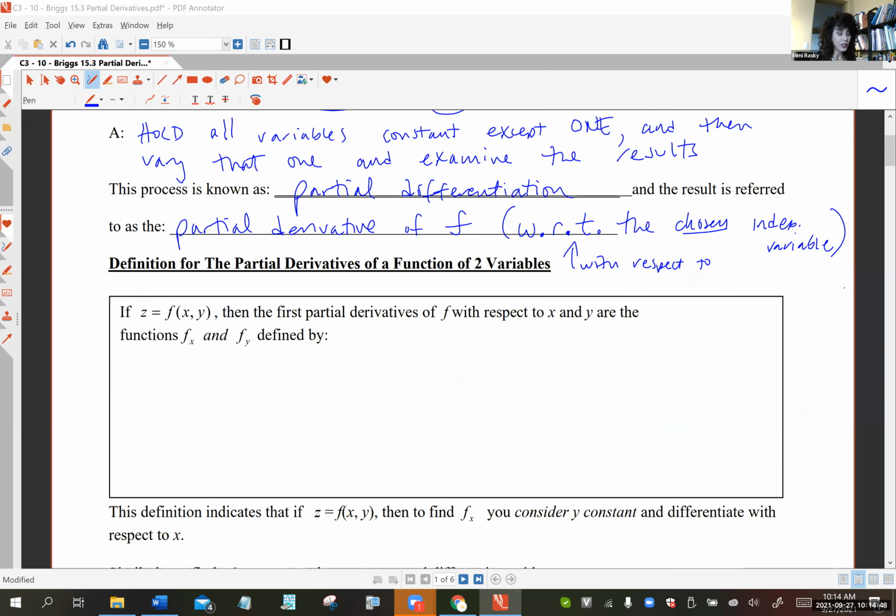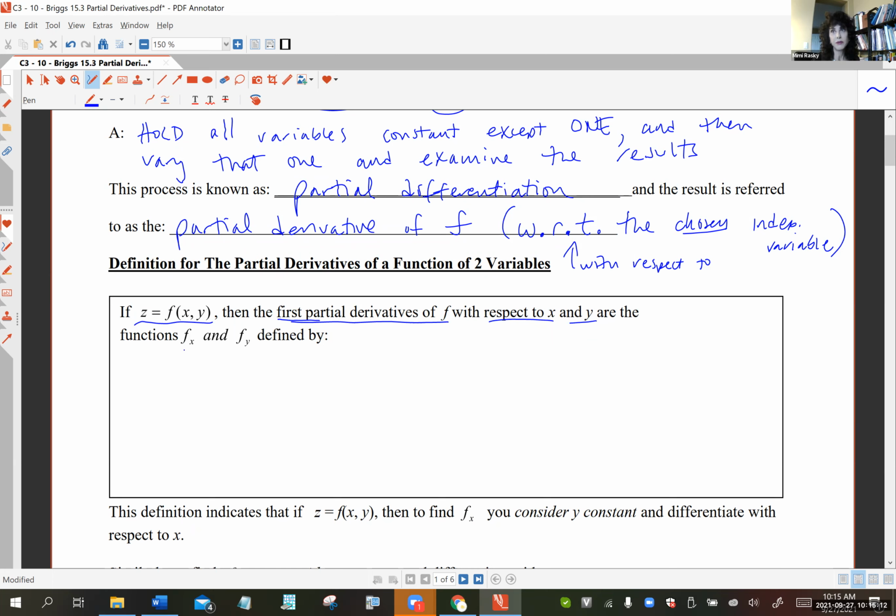So let's look at the official definition for the derivative of a function of two variables. If z equals f(x,y), there's your function f of x and y, a function of two variables, then the first partial derivatives of f with respect to x and y are the functions.